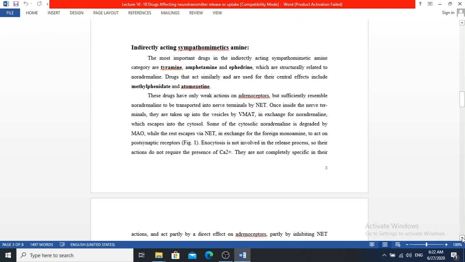Exocytosis is not involved in the release process, so their action does not require the presence of calcium.